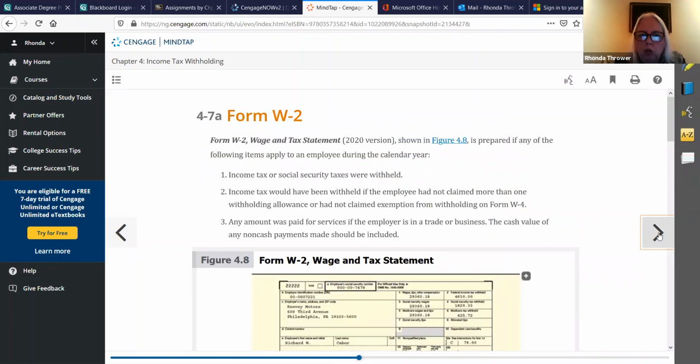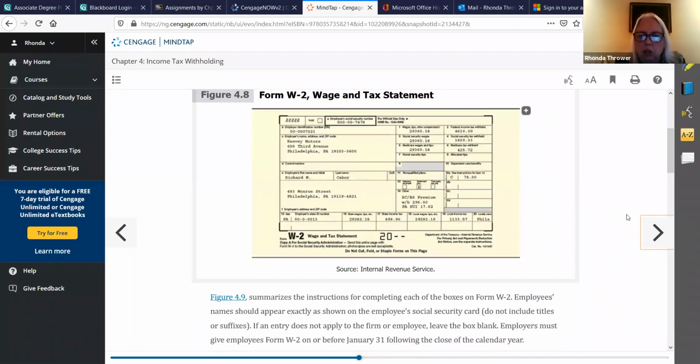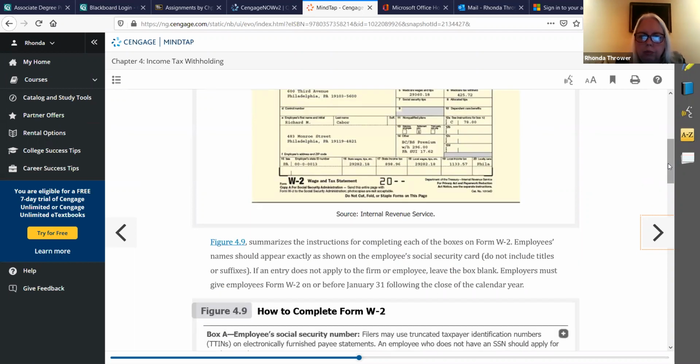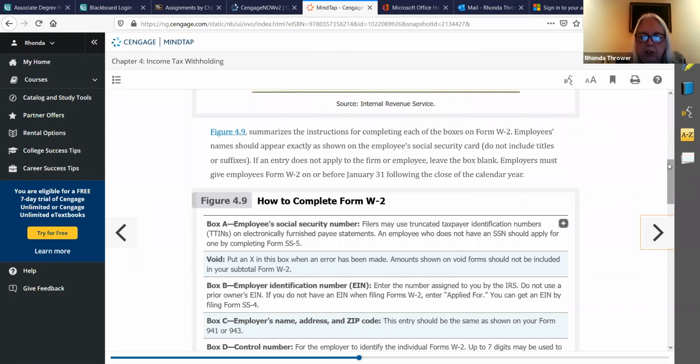Just scroll to where it says 4-7A Form W-2, then you'll have a scroll bar up here. And it's telling you information about the W-2 form and how to complete it. So you might want to read over this section carefully.